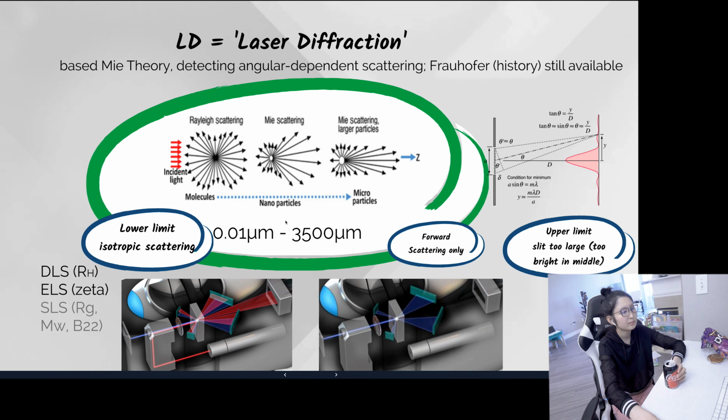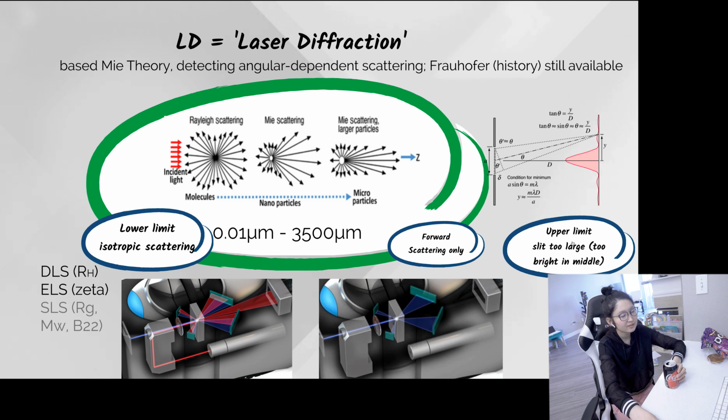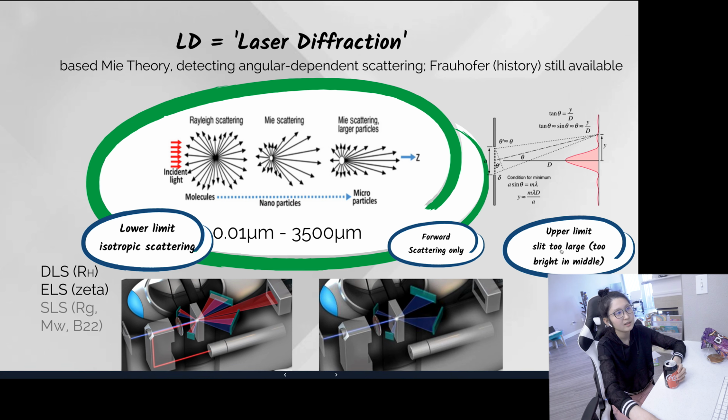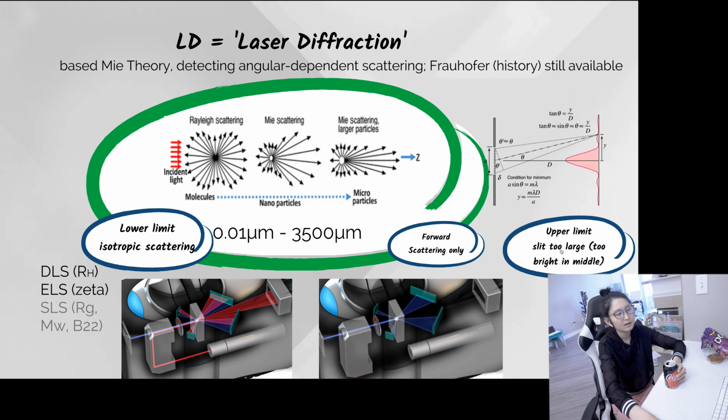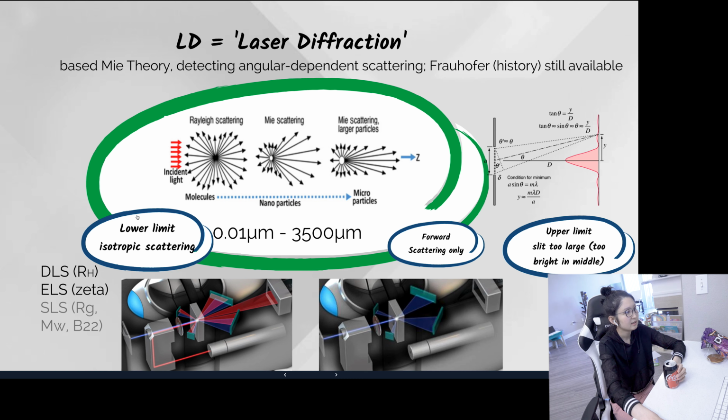It's really somewhere in between. And the upper limit is comparatively easier to solve because when the particle is large enough, it becomes visible. Microscope would work perfectly, I think. And the lower limit is really the headache.